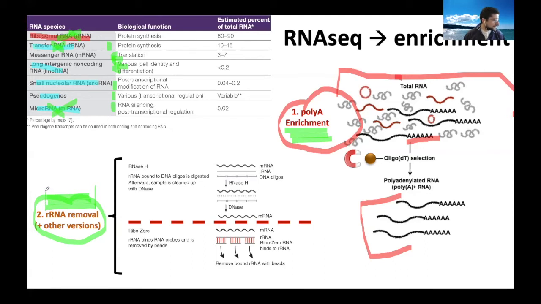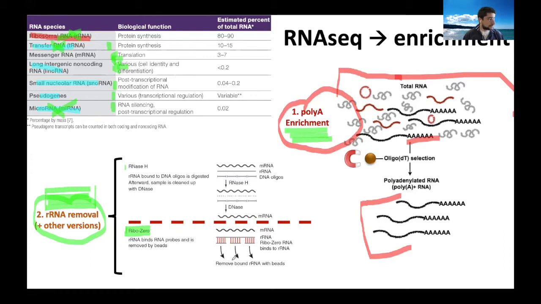And so for this type of depletion, there are two main protocols. One is Ribo-Zero, that's the very first one that has been used. You basically have probes that are complementary to the ribosomal RNA sequence, and those probes are biotinylated, bound to a magnetic bead.